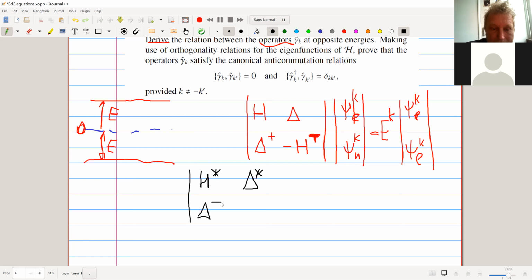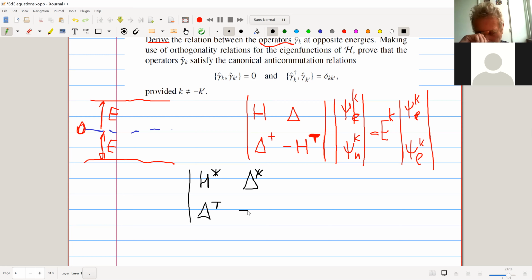I conjugate and that gets transposed. And if I conjugate, this is Hermitian conjugation.